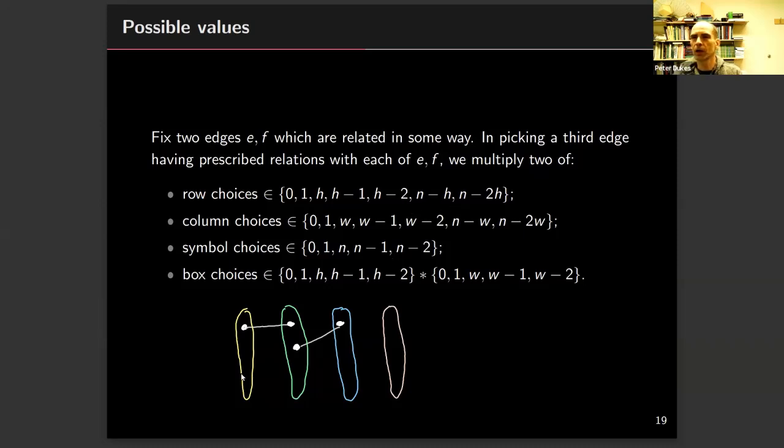So I would multiply some number of choices for my rows by, for example, some number of choices for my boxes. And that would depend on whether I want that box to relate to the given choices in certain ways. So I would pick something in the product of these two sets for a choice of the number of boxes.